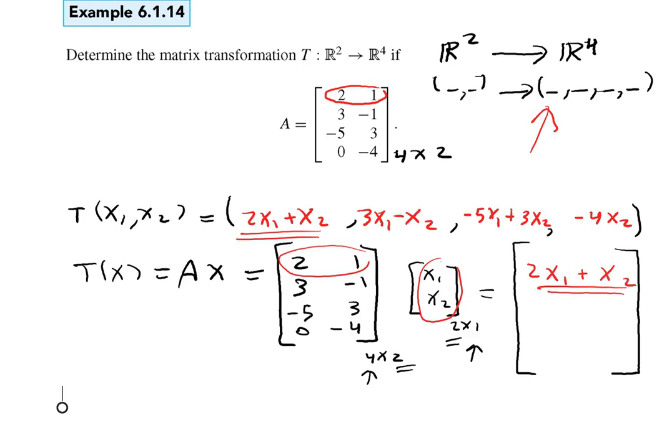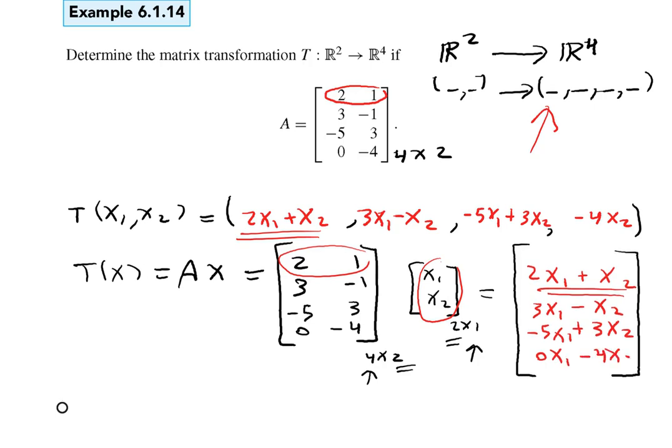Second part is going to be 3x1 minus x2, and the third row will be minus 5x1 plus 3x2, and the last part will be 0x1 minus 4x2, which is a 4 by 1. 4 by 1, 4 parts.